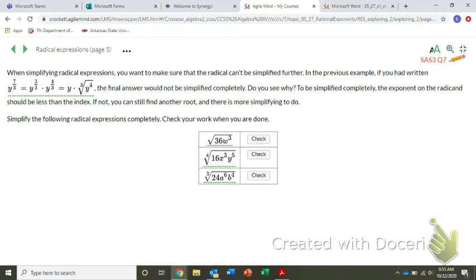All right, on number 7, I'm going to work 7A and 7B with you, and then you are going to do C. And the answers are on Agile Mind. You just have to click check, and it will show you the work and if you did it correctly. So I'm going to go to a different page so I have room to write.